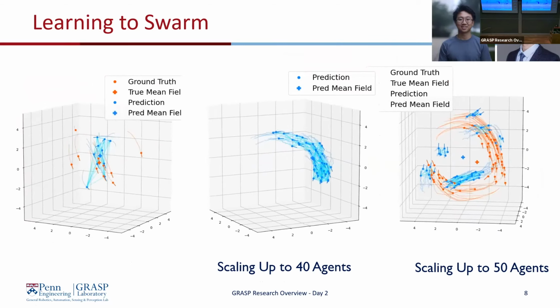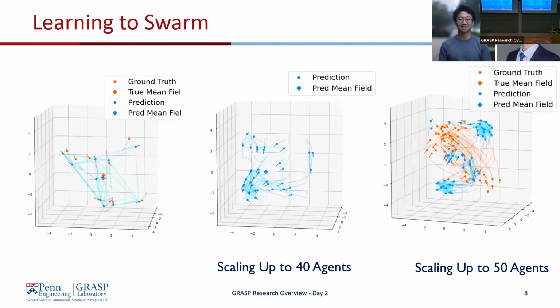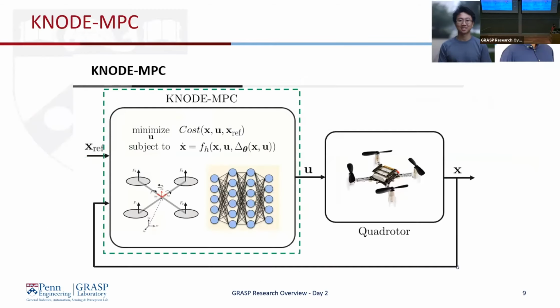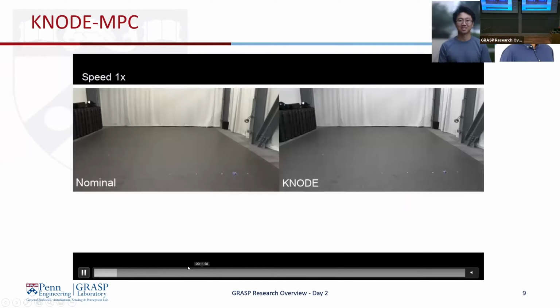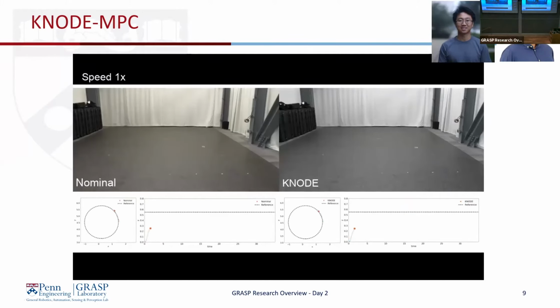Another thing that we've done using a similar framework is to improve models of systems with complex dynamics, like quadrotors. They're subject to highly nonlinear aerodynamic effects, especially when you're operating at very high speeds. And so how can you use these data-driven models to improve your ability to do controls, okay?